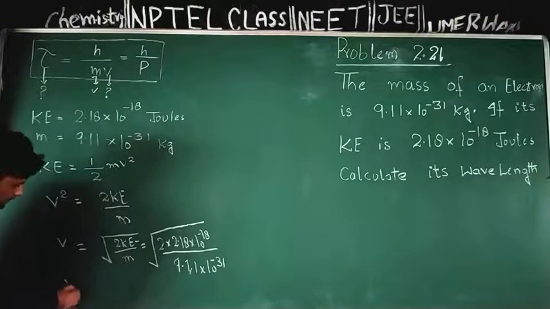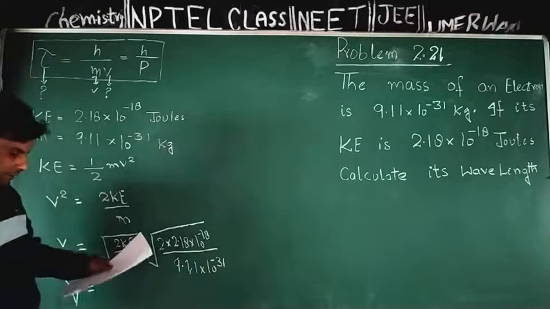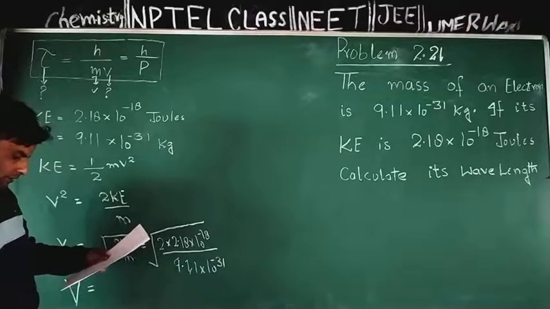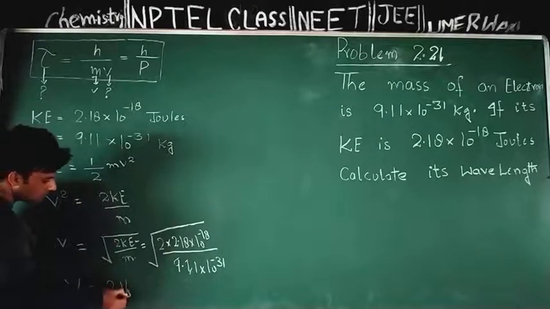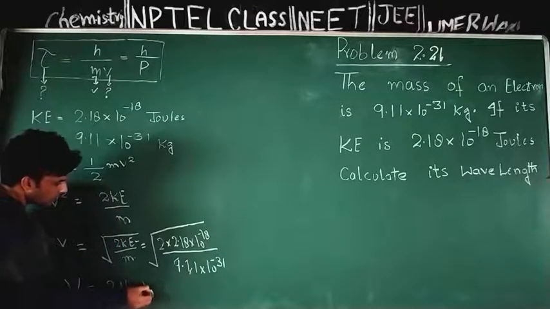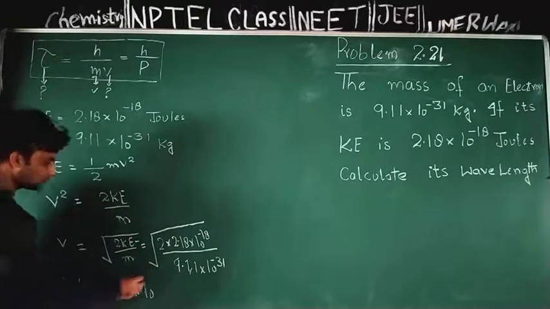I have already done my calculations to save your time, and the velocity of electron comes equal to 2.16 × 10^6 meter per second.